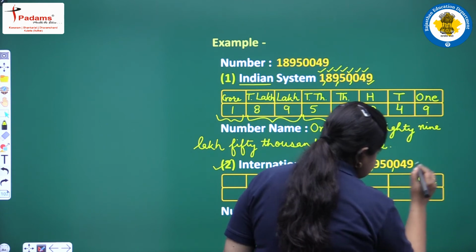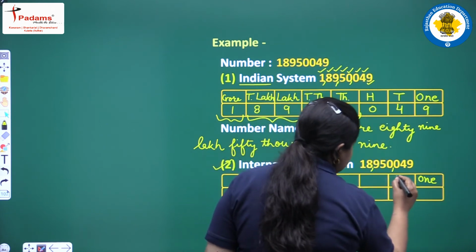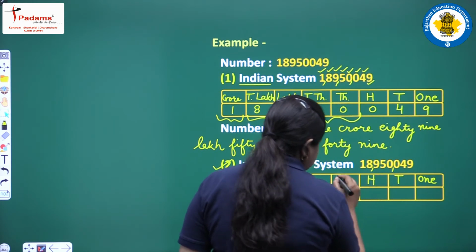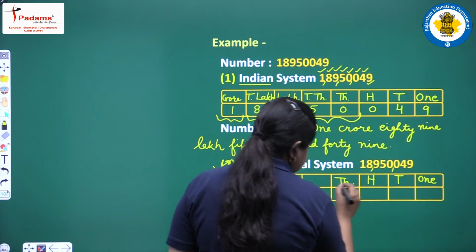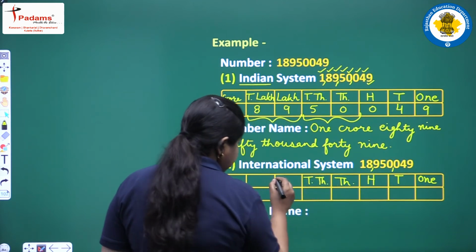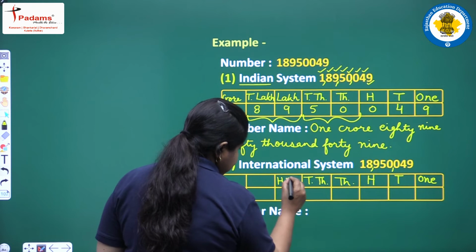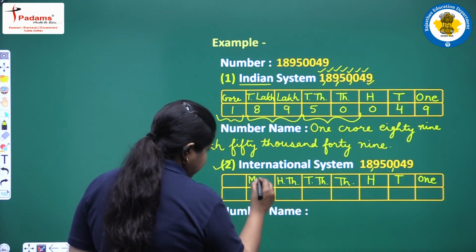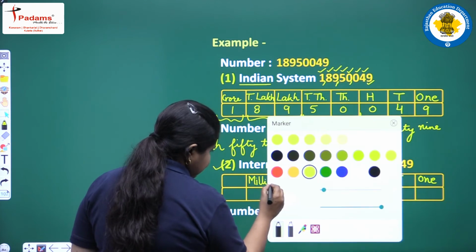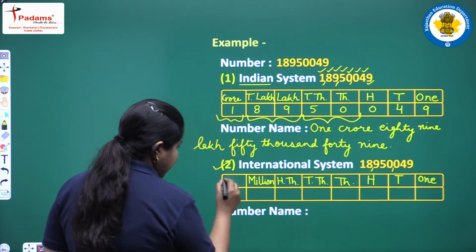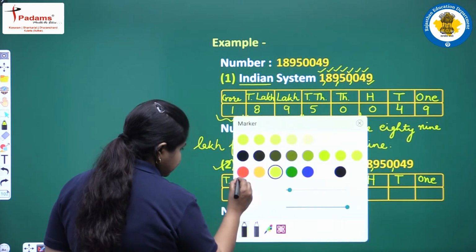Ones at the right hand corner, then we have tens, then hundreds, thousands, 10,000, then now 100,000, then we have million, and then 10 million.